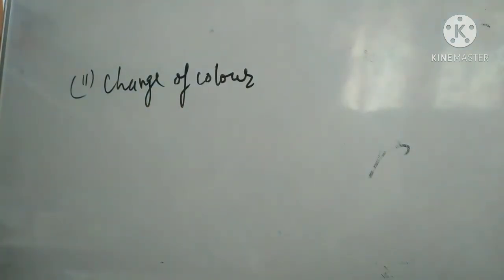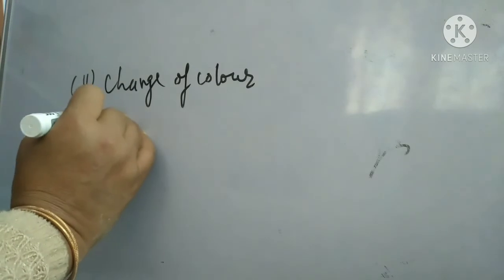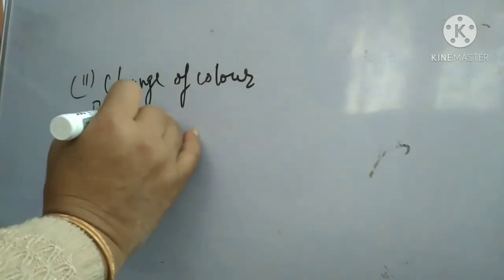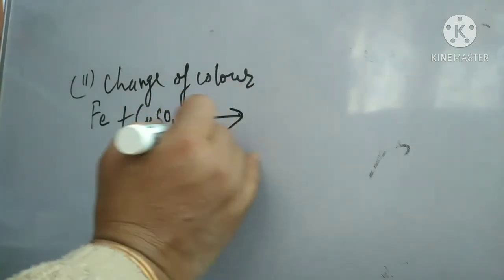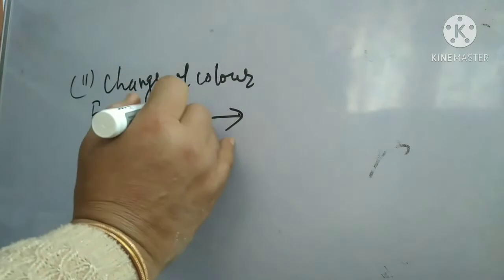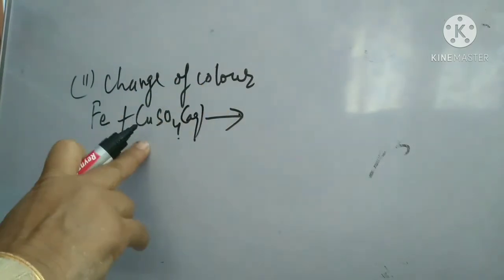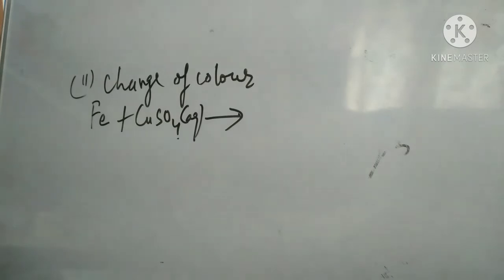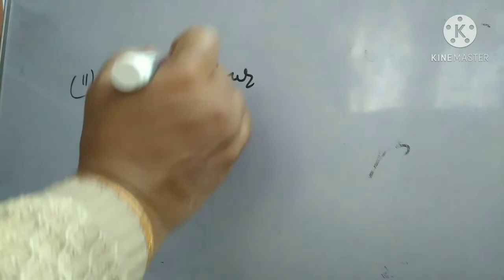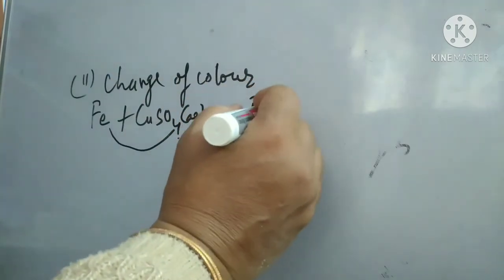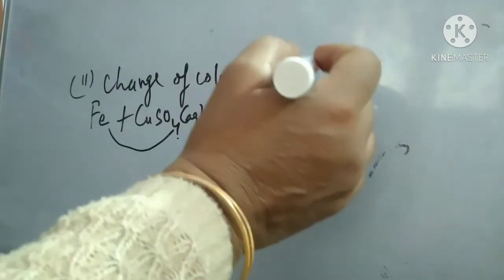Now in this we can take the example of iron plus copper sulfate. Here we will take the aqueous solution of copper sulfate. It will result in the formation of the product FeSO4, that is iron sulfate, plus copper.